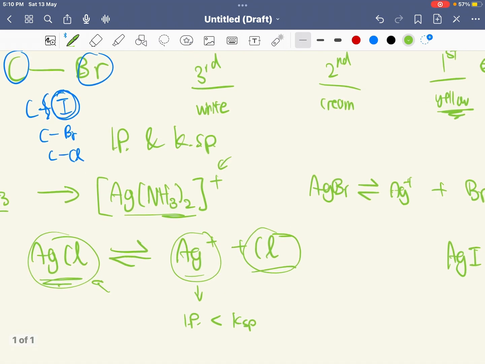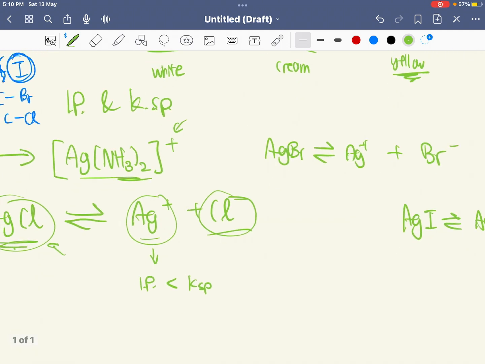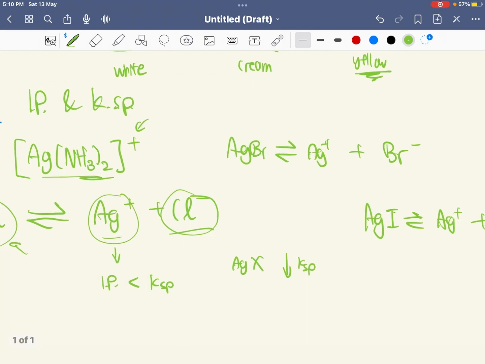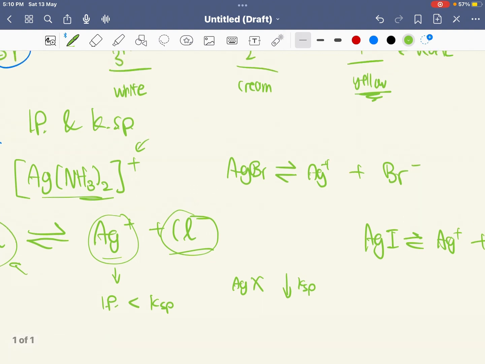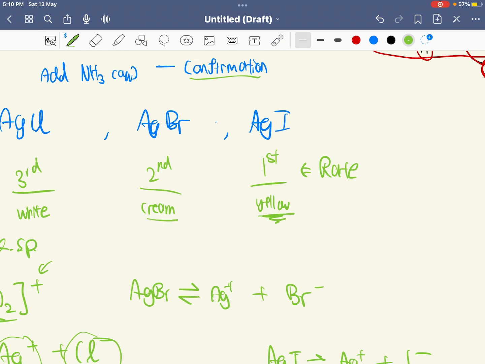But then, if you recall, the trend is that down the group, for our AgX salts, the solubility product decreases, meaning they are less and less soluble. So therefore, when we look at our cream PPT here, we need to use a lot of ammonia, or we can use concentrated ammonia.